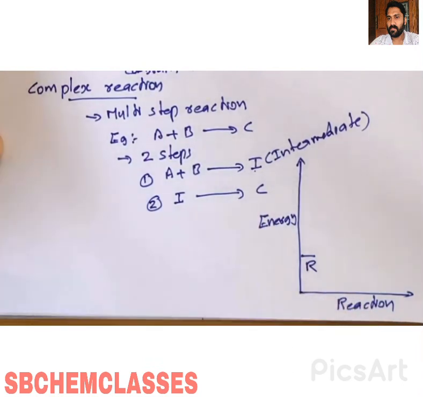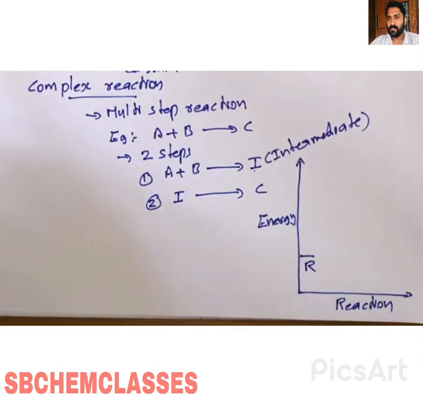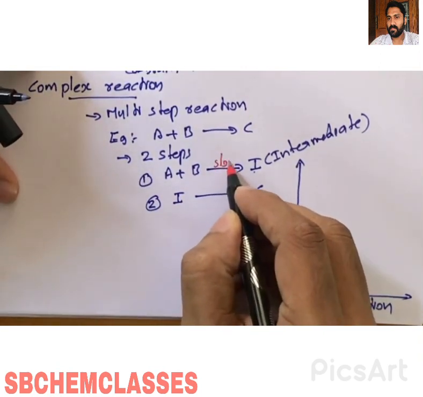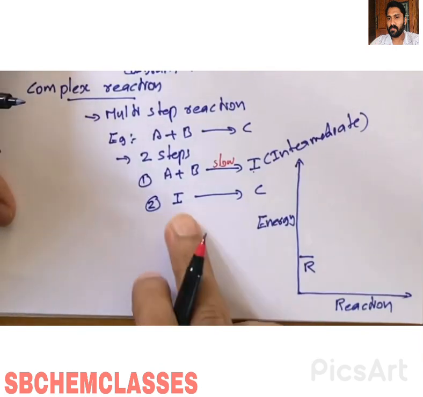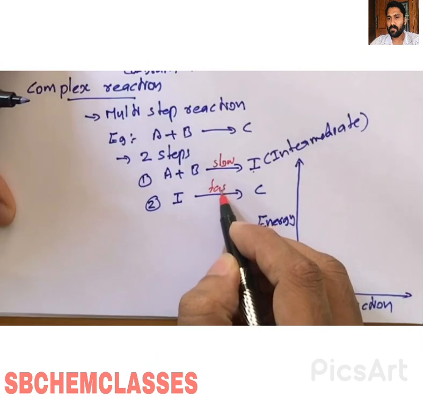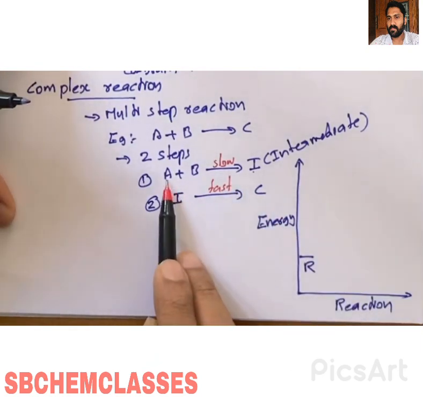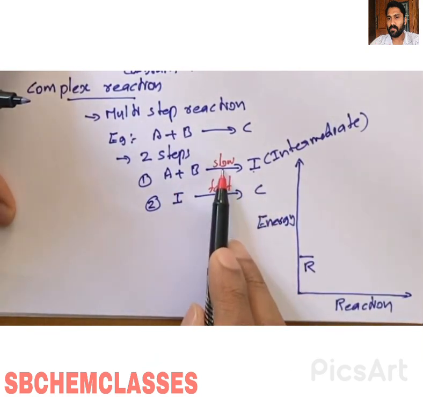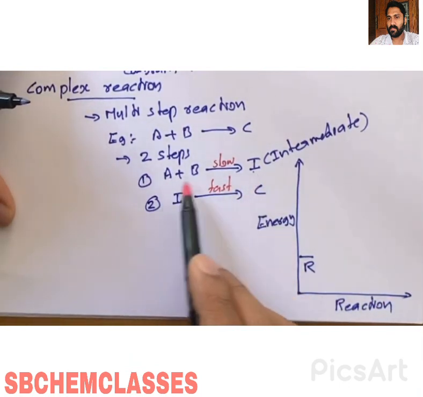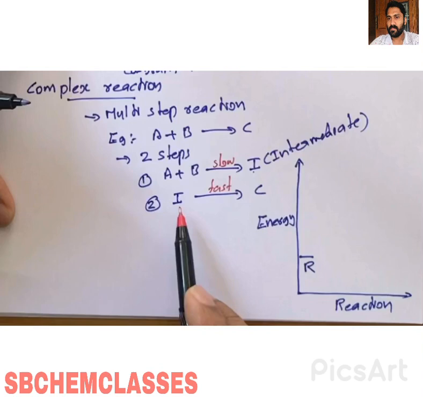So we have to check the speed of the reaction. Consider that formation of the intermediate is a slow step and conversion of the intermediate to product is a fast step. In most cases, formation of the intermediate will be the slow step. The opposite is also possible, but in most cases, formation of the intermediate is the slow step.